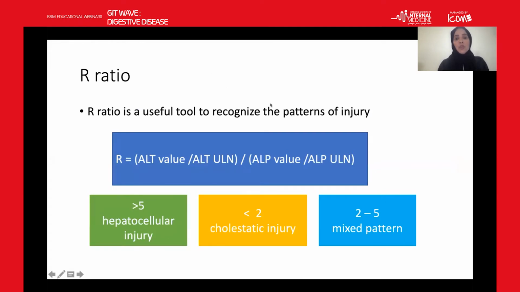To help you with that, there is the R ratio, a very useful formula to tell you about the pattern using ALT divided by alkaline phosphatase. If it is greater than 5, it suggests hepatocellular injury, transaminitis. If it is less than 2, it is cholestatic injury, and between 2 and 5, it is a mixed pattern.